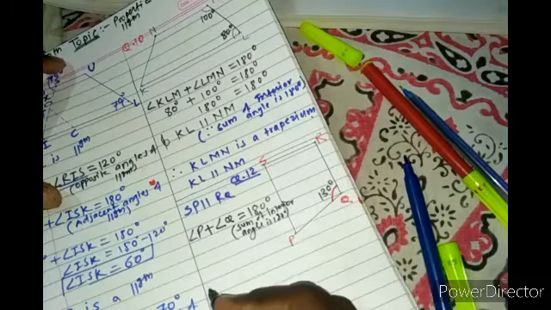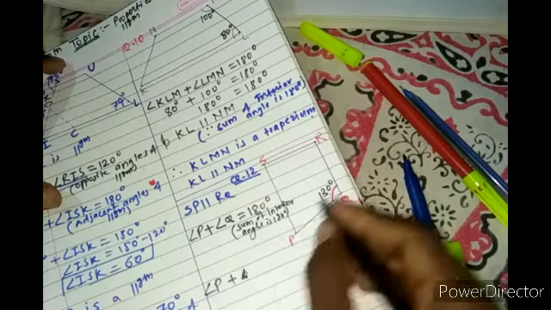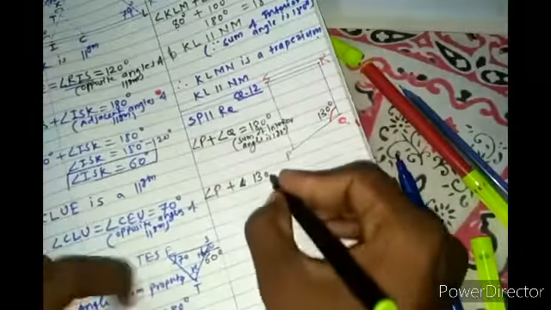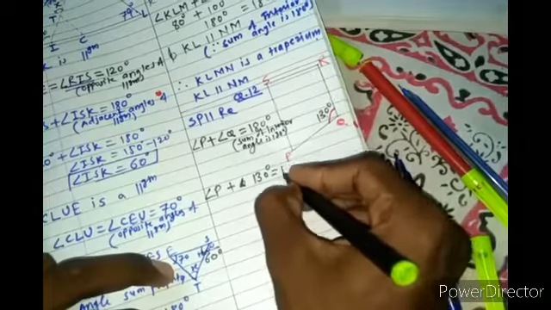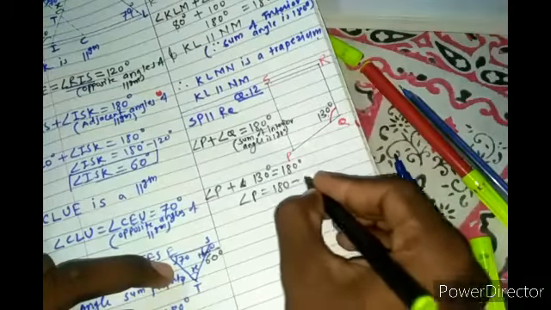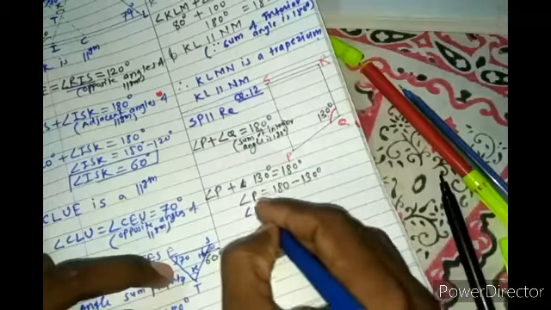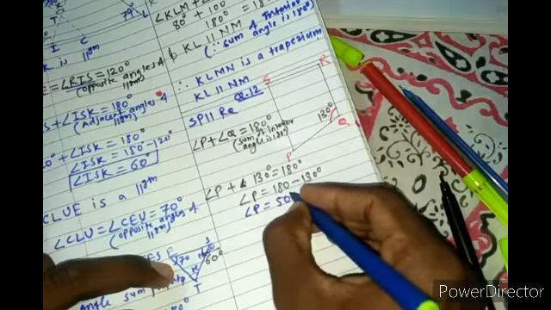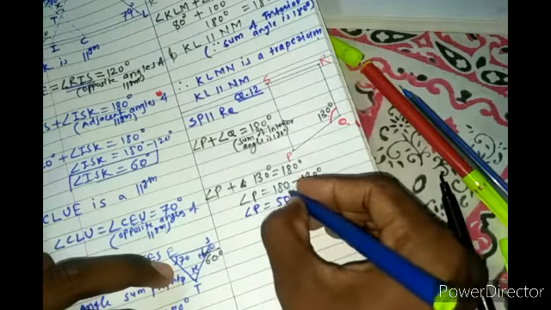So what is the value of angle P? You don't know. Plus angle Q, which is given as 130 degrees. So P plus 130 degrees is equal to 180. So angle P is equal to 180 minus 130. What is the value of angle P? It is 50 degrees, right?